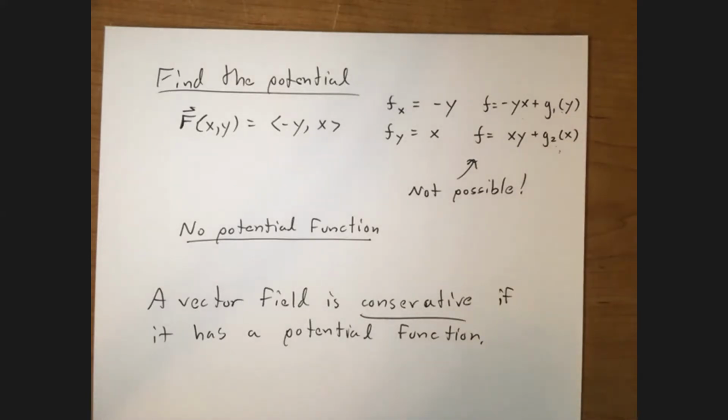That's a main property in physics. So we'd like to know that our vector fields conserve energy, and we'll check that by seeing if they are conservative. They'll have potential functions. If they don't, then they're not conservative, and you wouldn't expect them to conserve energy.